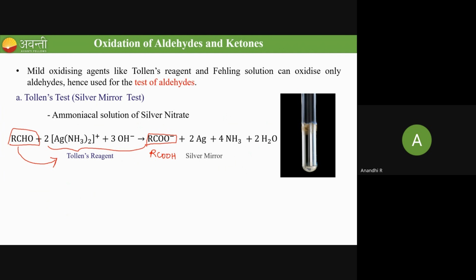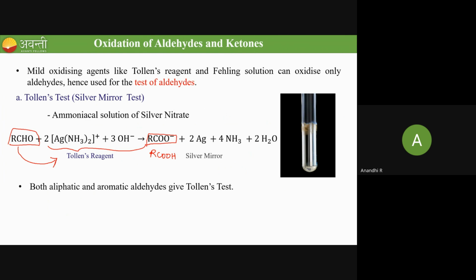So like this, they use this as a test for aldehydes. Both aliphatic and aromatic aldehydes give the Tollens test. Aliphatic means methanal, ethanal, propanal, and in case of aromatic aldehyde, you can take benzaldehyde. So both the aliphatic and aromatic systems respond to this test.